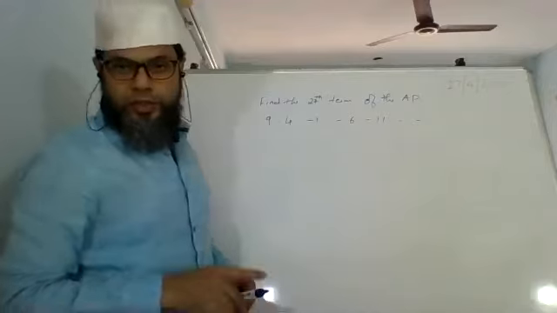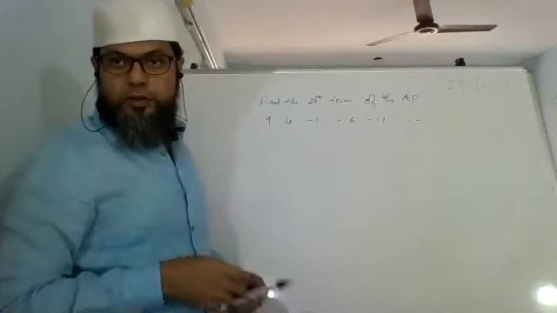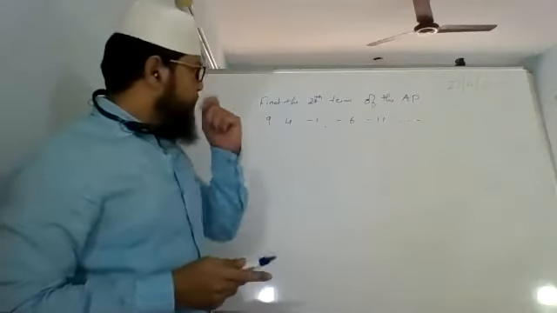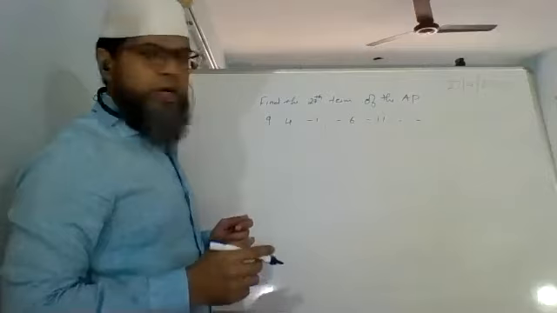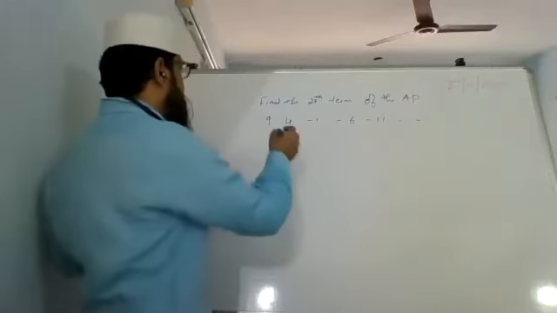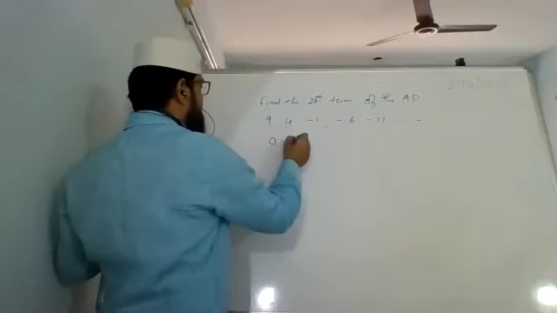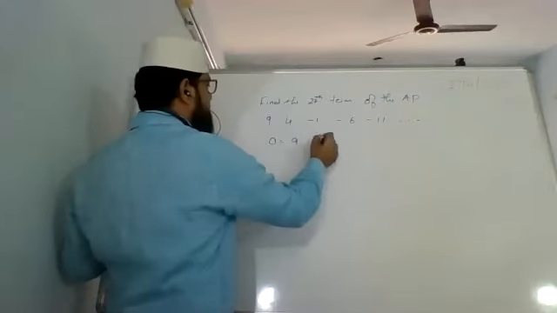Okay, this was the question. That is what you have learned, correct? So let's proceed. Here, what is A? A is given to us as the first term. A is 9. What is D?